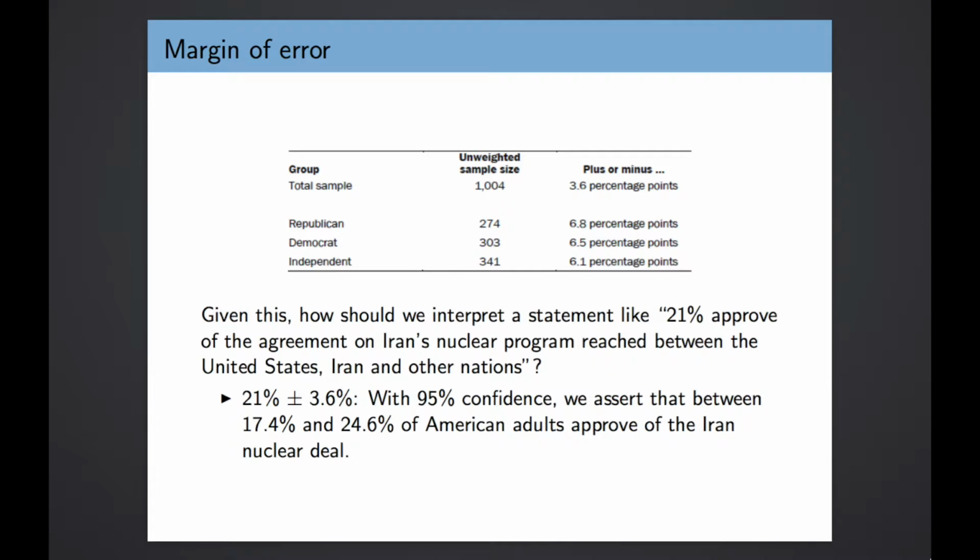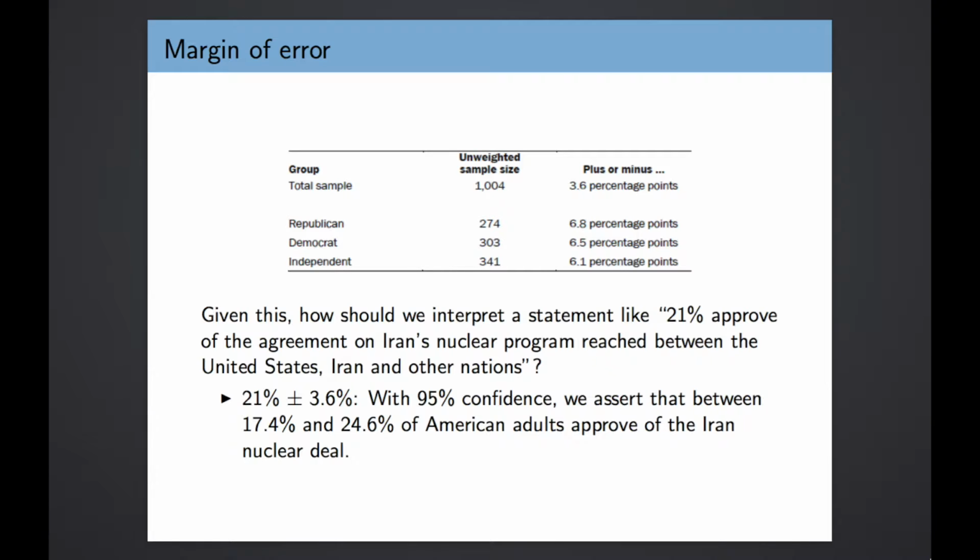What this means is that with 95% confidence, between 17.4% and 24.6% of American adults approve of the Iran nuclear deal. So based on the survey data for this sample of American adults, the study's best estimate of the proportion of American adults who approve of the Iran nuclear deal is 21%.